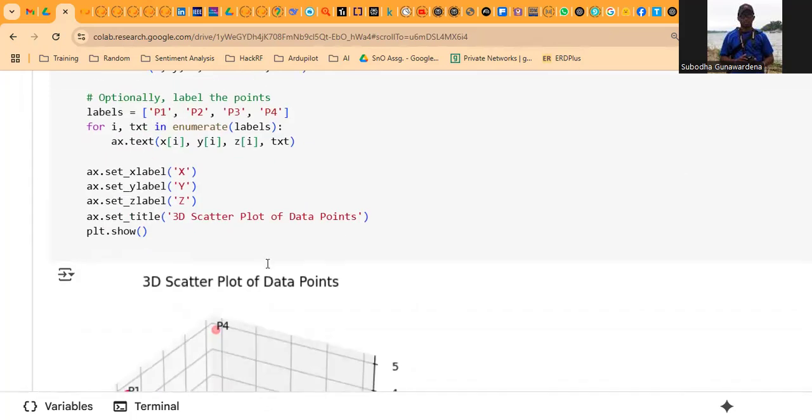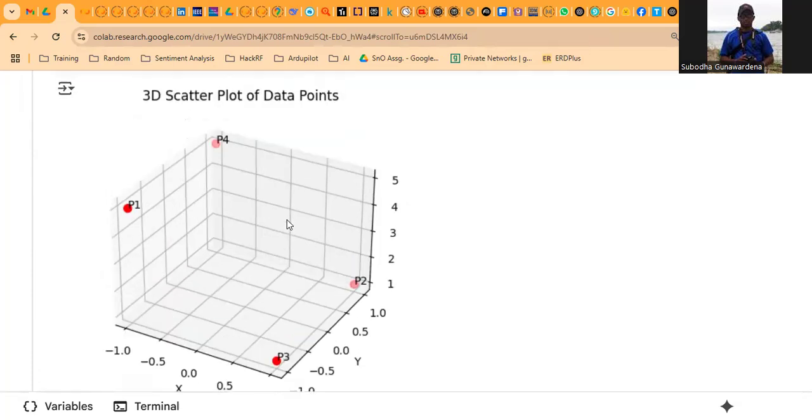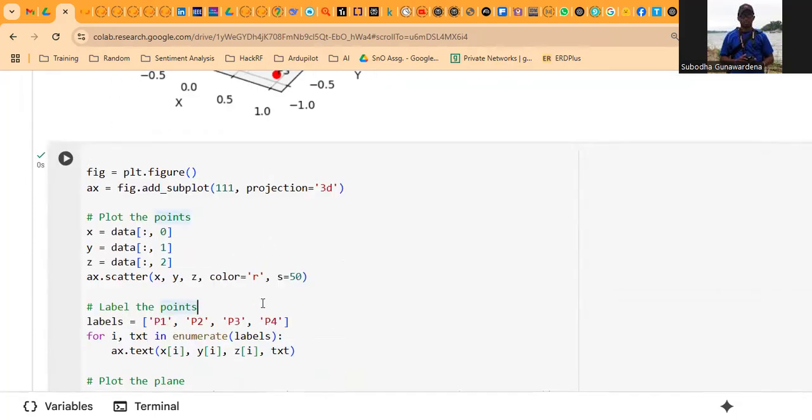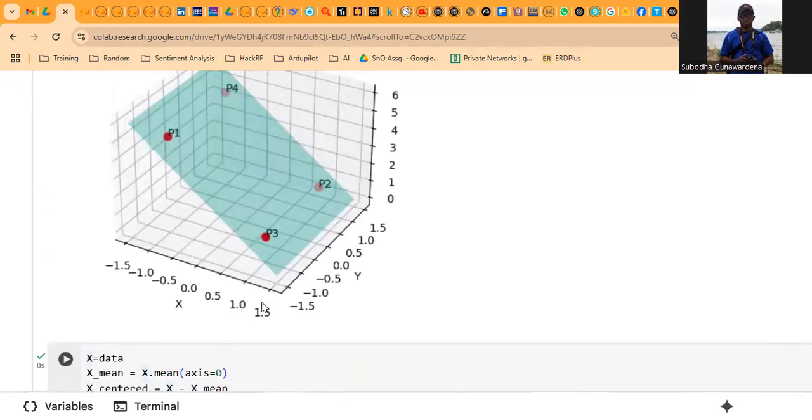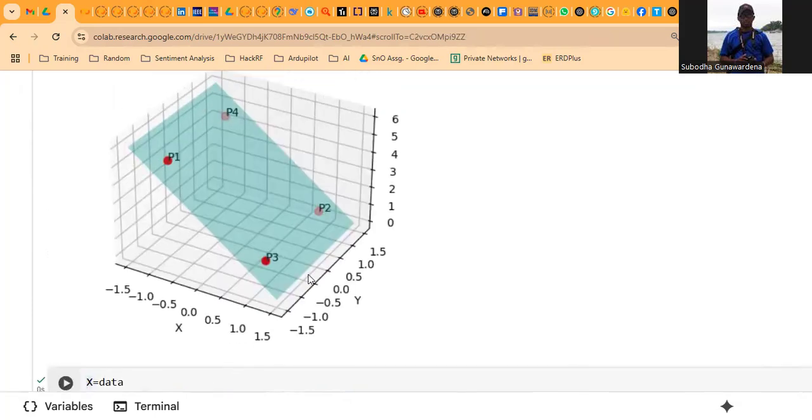Now, when we look at these 4 points, I can see they are somewhat on a slanted plane, right? I will show you the plane. If I run this, that will draw a plane. So these 4 points are on this slanted plane.